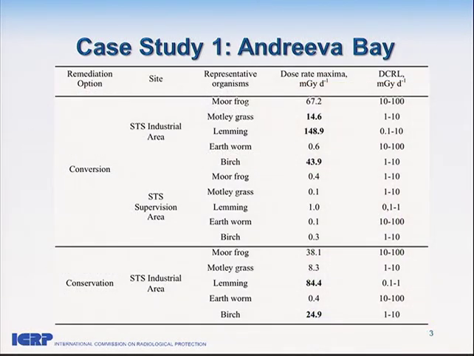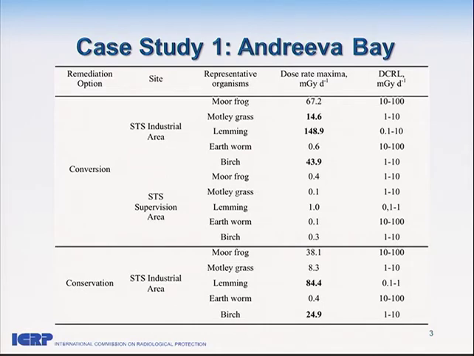And what's interesting about these sites, if you start to look at the actual doses to the organisms, the numbers I want you to focus on, not the number itself, but the fact there's some bold in these tables. What those bold numbers are telling you is that the DCRL for the equivalent RAP for those species of interest is actually being exceeded. So in these existing exposure situations, these wildlife species are exceeding the DCRLs.